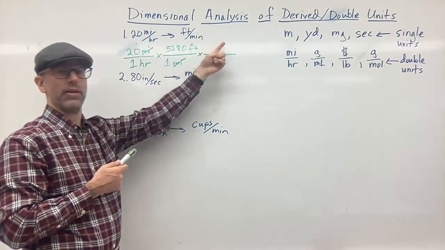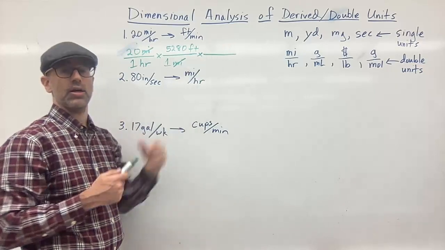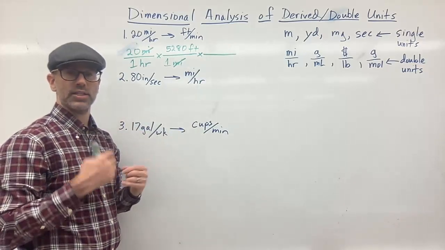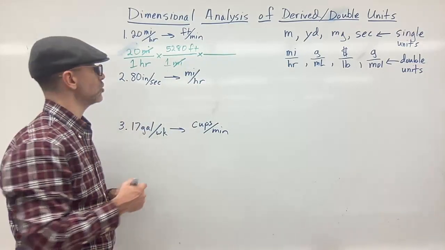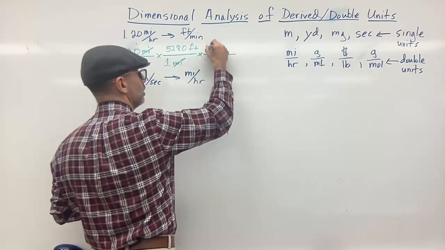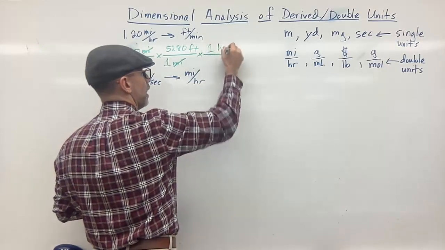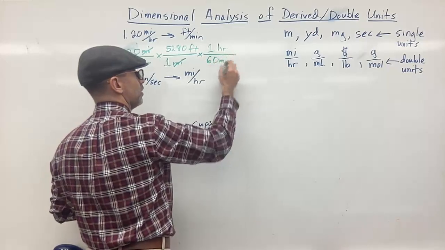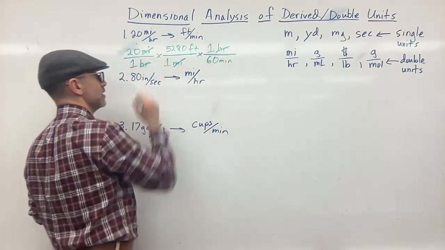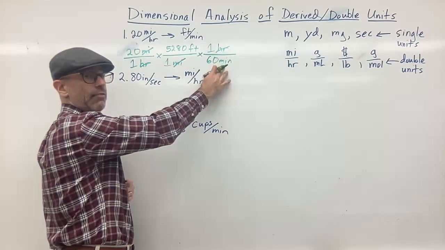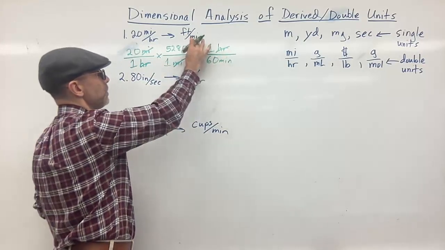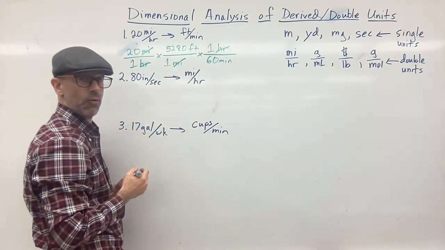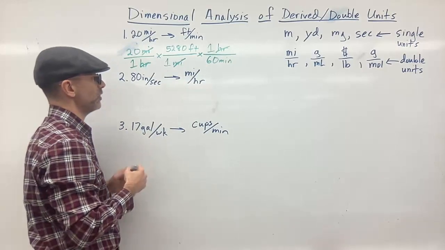I'm going to have to put hours on top here. I know that 1 hour is equal to 60 minutes, so I'm going to put 1 hour on top and 60 minutes on the bottom. Now hours can cancel out, and I have minutes on the bottom, which is what I want.